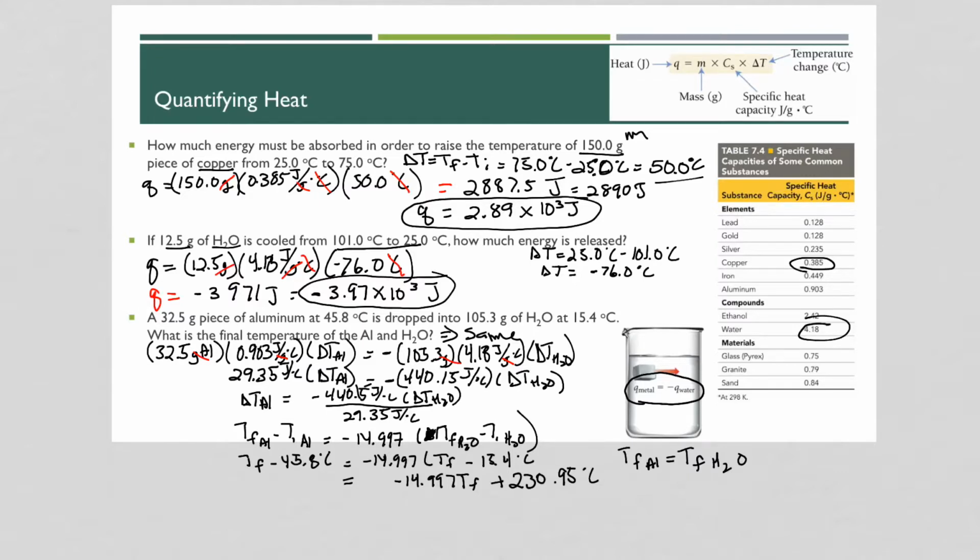If we add 14.997 to both sides, we get 15.997 TF equals, and if we add 45.8 to both sides, we get 276.75.